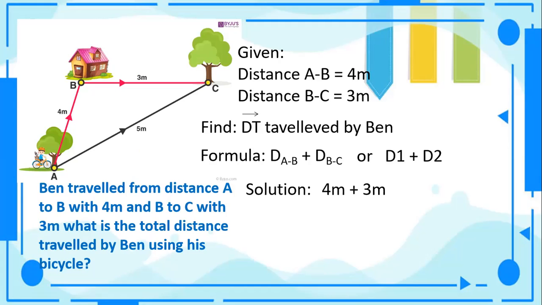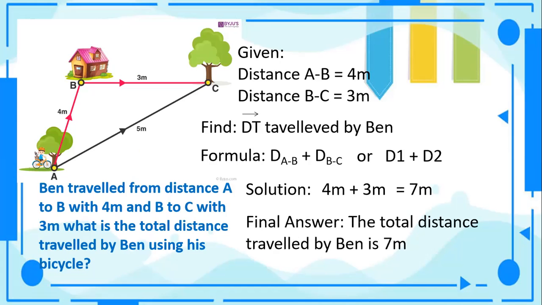So we have 4 meters as the equivalent of distance 1 or distance AB, and 3 meters as the equivalent of distance 2 or distance BC. So 4 meters plus 3 meters is equal to 7 meters. Then the final answer is, the total distance traveled by Ben is 7 meters using his bicycle.